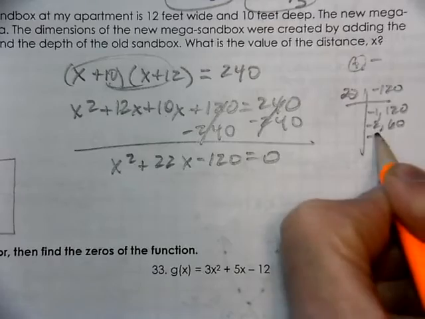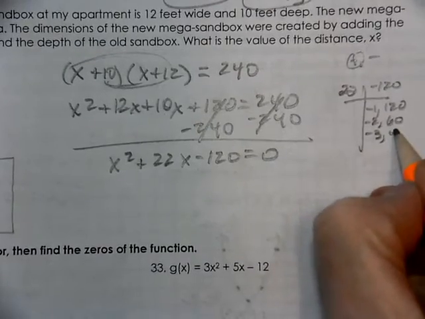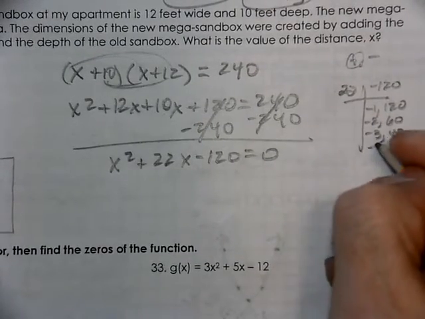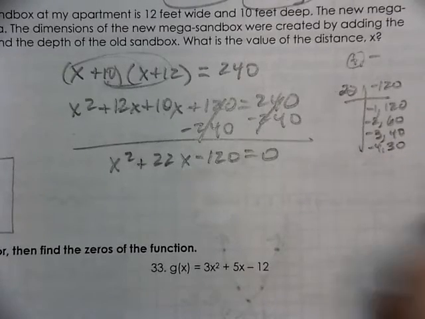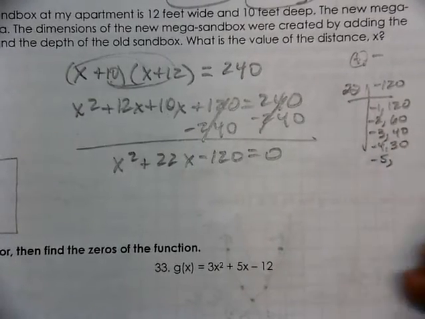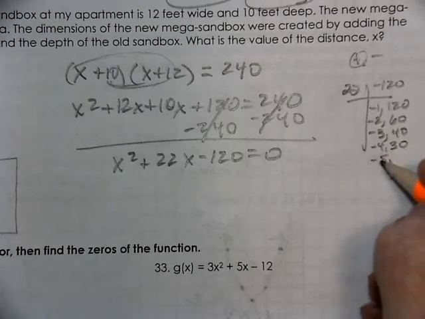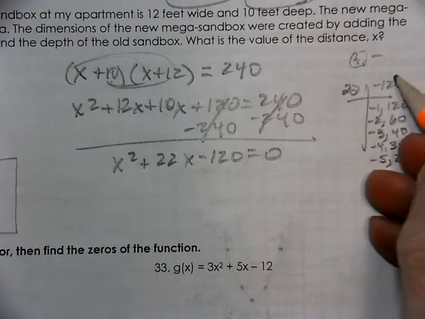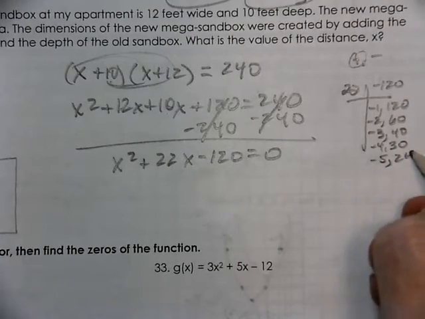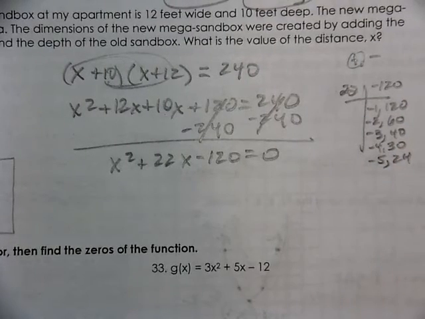Going through all of our factors, with it being 120, there'll be quite a few of them, but we're pretty close already. That seems to go into there 2 times. Let's see what our numbers are here.